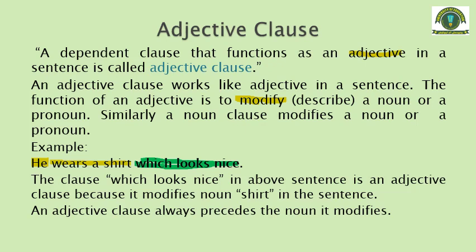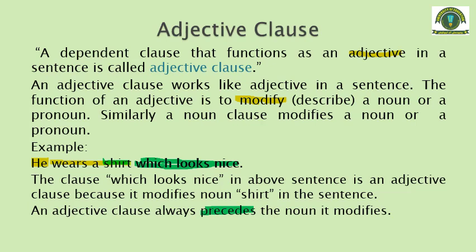An adjective clause always follows the noun it modifies. It means it always comes after the noun. For example, shirt is the noun and which looks nice comes after the shirt. It means it is modifying the noun shirt. So an adjective clause always comes after the noun that it is describing.